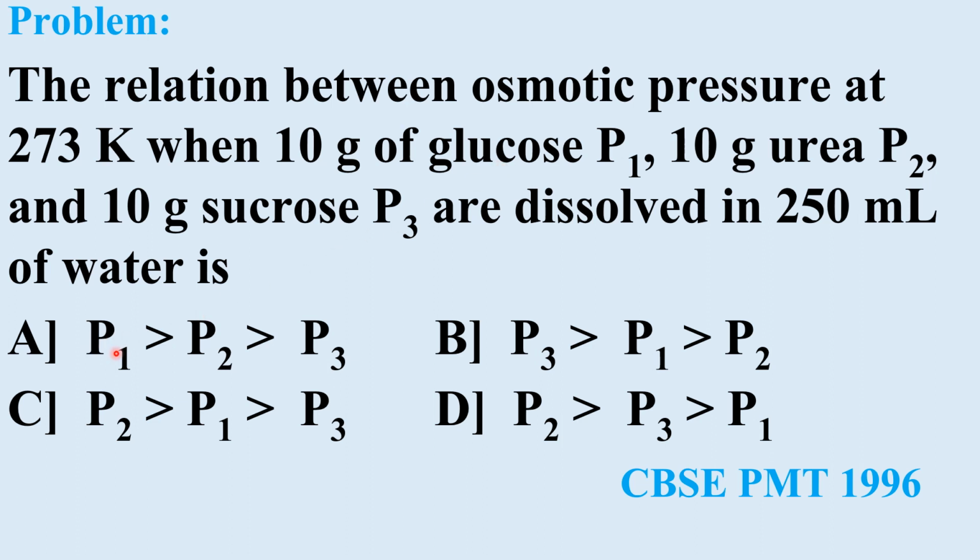Option A, P1 is greater than P2 is greater than P3. Option B, P3 is greater than P1 is greater than P2. Option C, P2 is greater than P1 is greater than P3. Option D, P2 is greater than P3 is greater than P1.